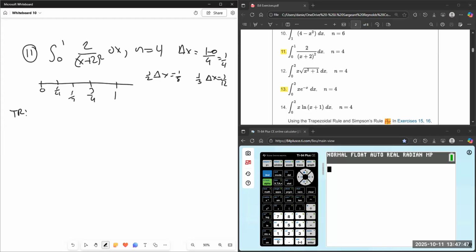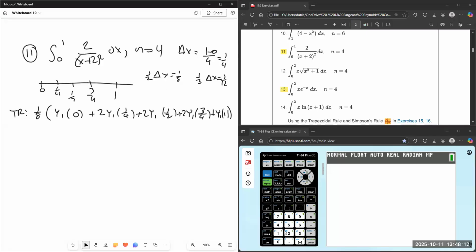Trapezoidal rule says 1/8 of y1 of 0 plus 2 y1 of a quarter plus 2 y1 of a half plus 2 y1 of 3/4 plus y1 of 1.